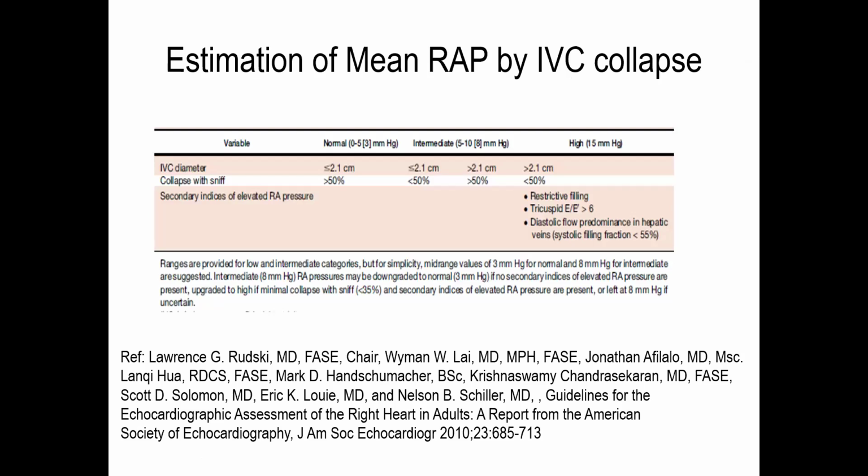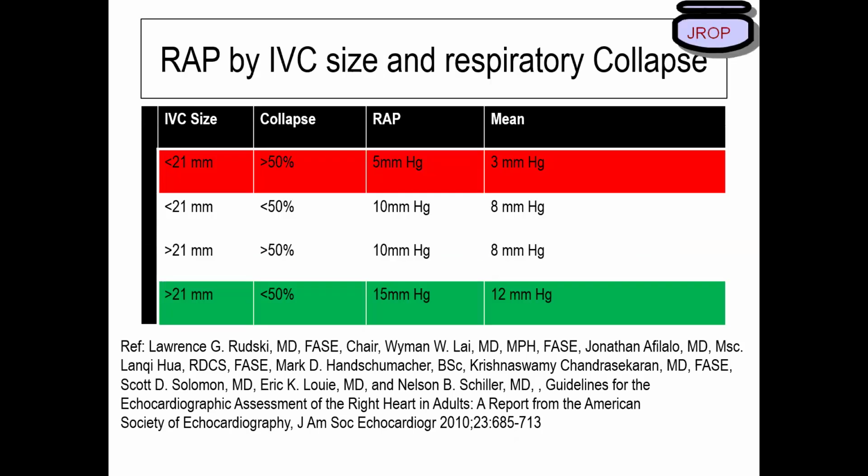All of us understand how to do a sniff method, and then look for the collapsibility of this subset of population to be sure whether our RA pressure is 15 or more, or it could be 10 millimeters. Definitely it cannot be 5 millimeters, but it could be 10 in the sense the collapse could be more than 50%, not 15, so it becomes 10 millimeters of mercury.